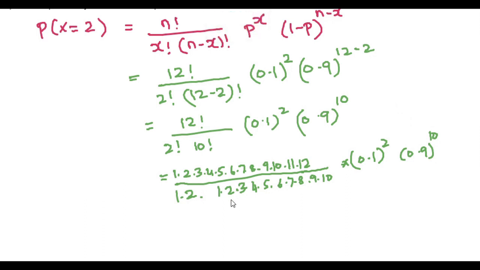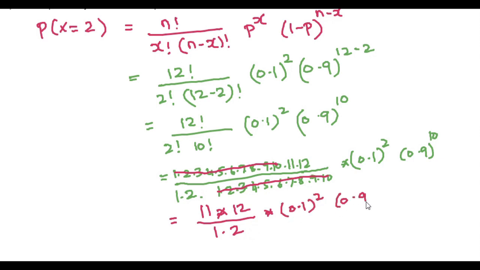Now 1 to 10 get cancelled because they are common in numerator and denominator, and we are left with 11 times 12 divided by 1 times 2, times 0.1 squared, 0.9 to the power 10.